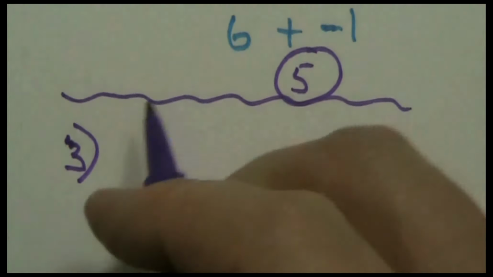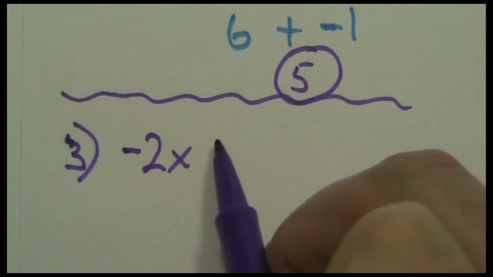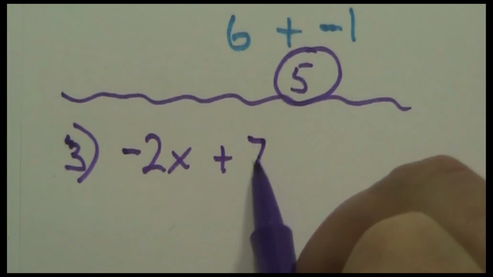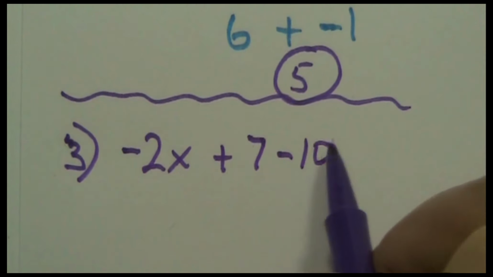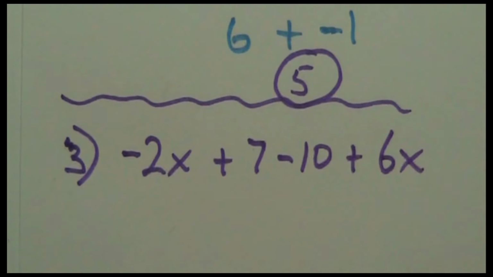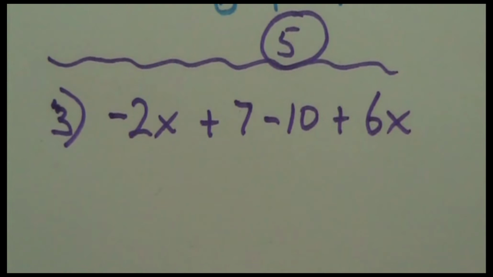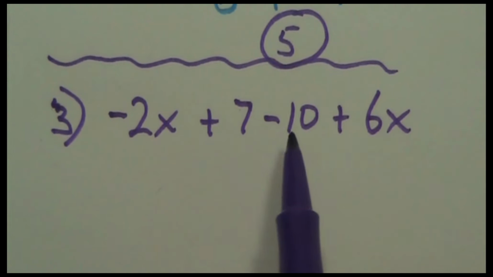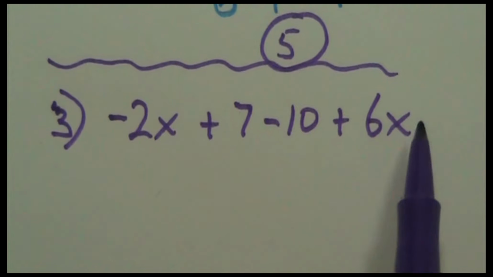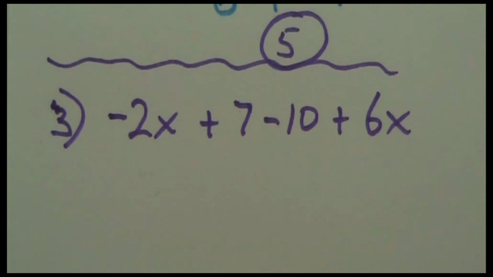Okay, now that we did some integers, let's practice some algebraic expressions. Negative 2x plus 7 minus 10 plus 6x. So let's first put together the coefficients.